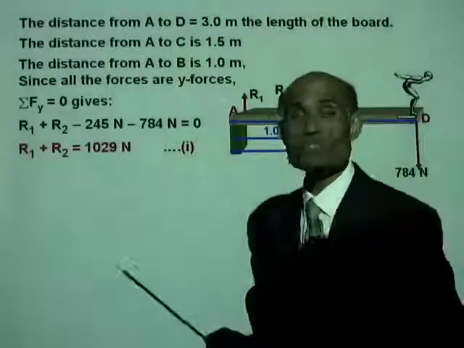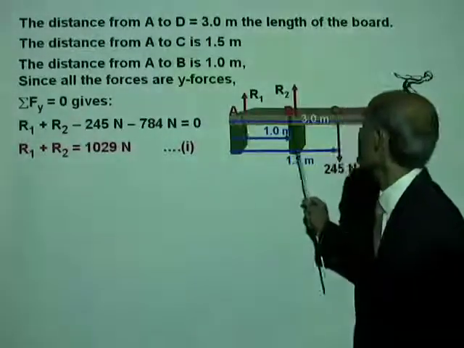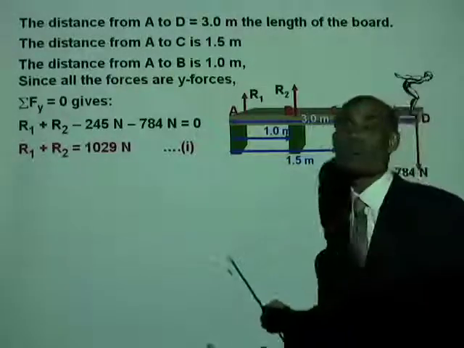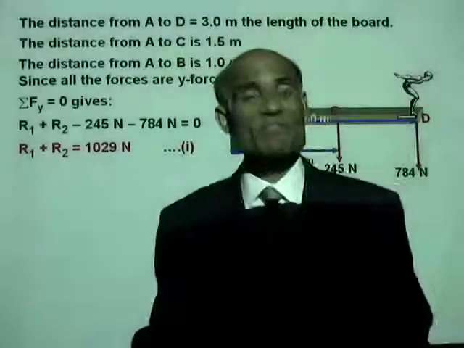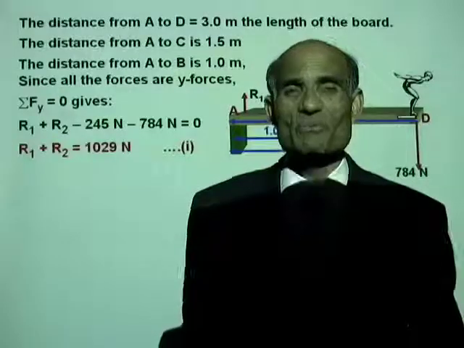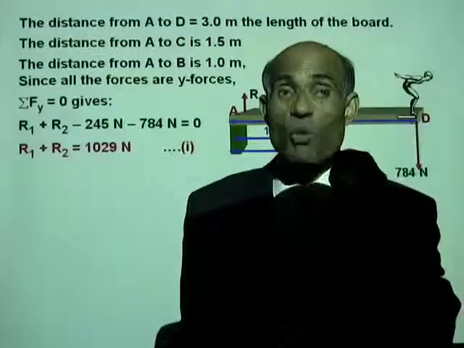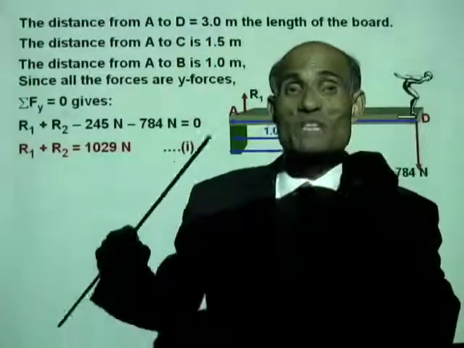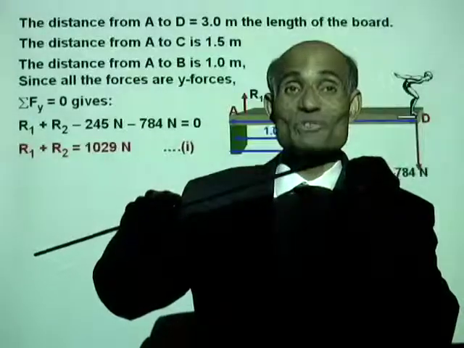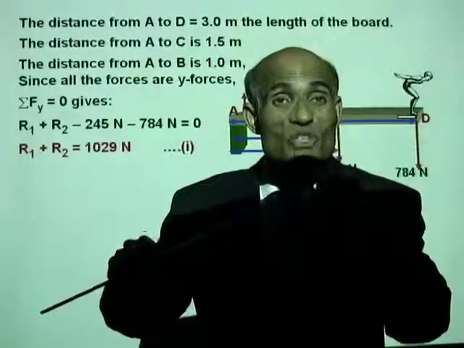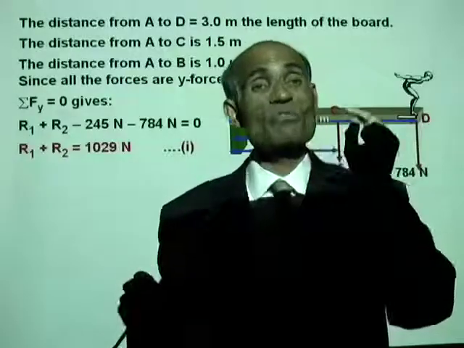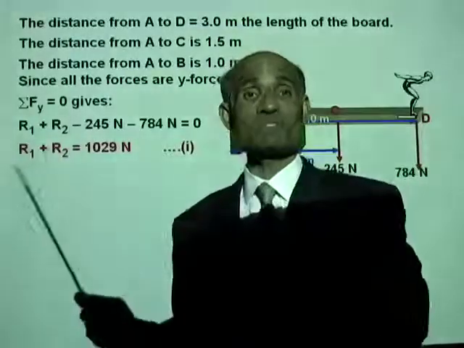Now tell me, which of these points is convenient for us? What is the definition of convenience I gave you? The most convenient point about which you can take the torque of the forces is the point through which the maximum number of unknown forces pass through.